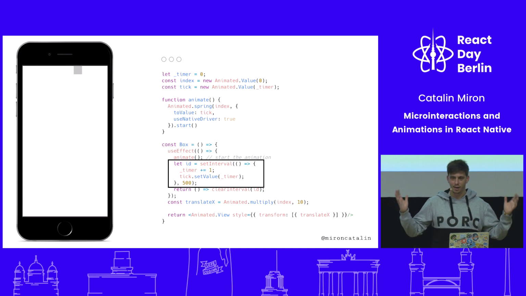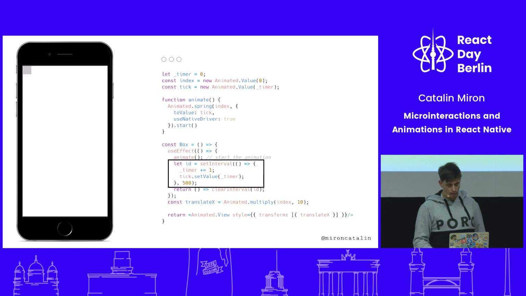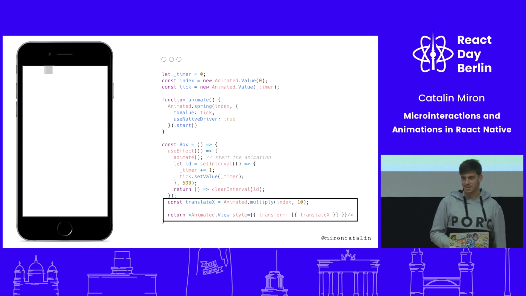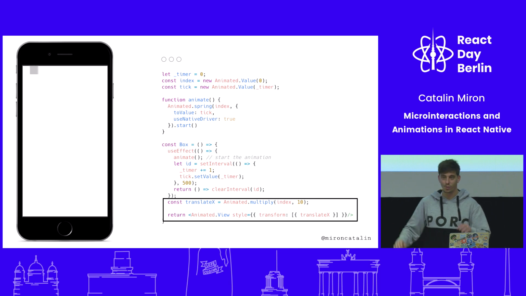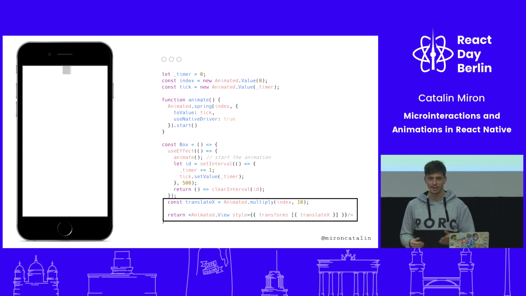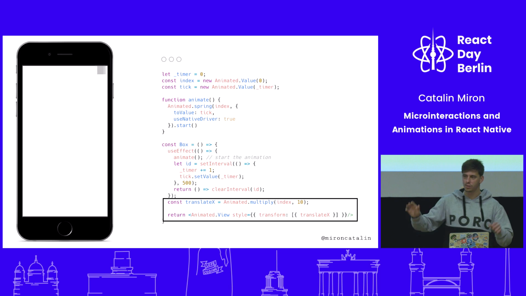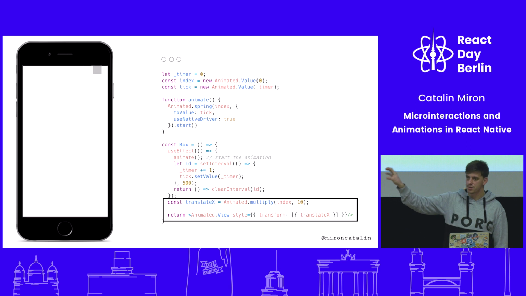And suddenly, out of nowhere, by passing the modified index to the view, it's going to automatically animate everything. Without doing setState, without doing anything, it's just going to work. And it's really powerful because everything is happening on the native thread, except the setInterval. But the animation itself is stored on the native layer. There is no communication over the bridge.